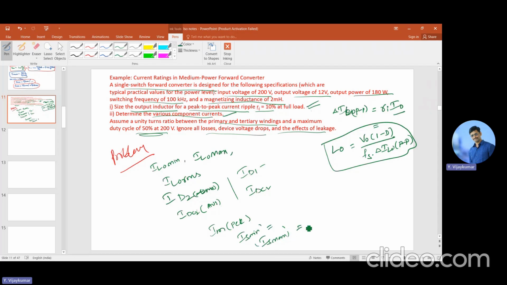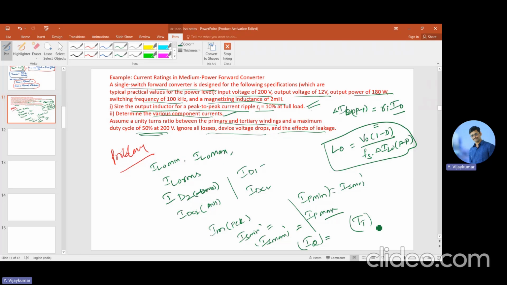Similarly, for the primary reflected currents, IP minimum is equal to IS minimum dash, and we also have IP maximum. Then there are the average and RMS currents of the current flowing through the switch. We also have the primary winding, the secondary winding, and the tertiary winding. All this we have to discuss.